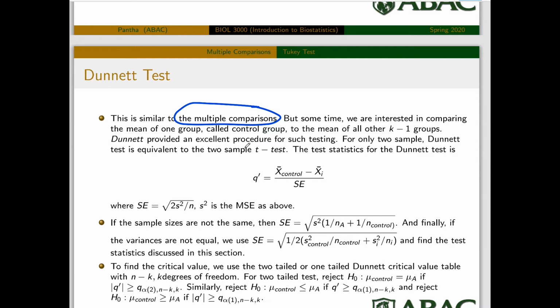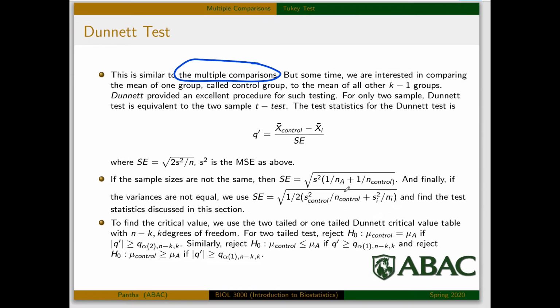So this is also a multiple comparison, but what you do is you fix one of them, that is the control group, and then you compare with it. For example, if one pig is given one diet, like the traditional diet, and all other pigs are given different diets, you compare the traditional diet to each of those different diets. So this type of problem can be done using the Dunnett test.